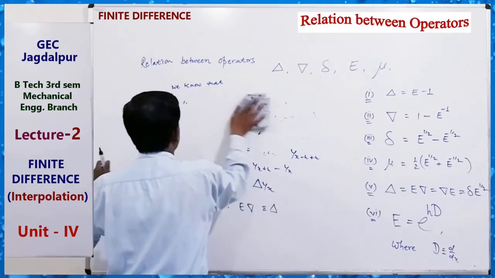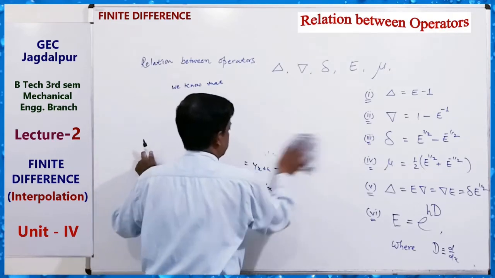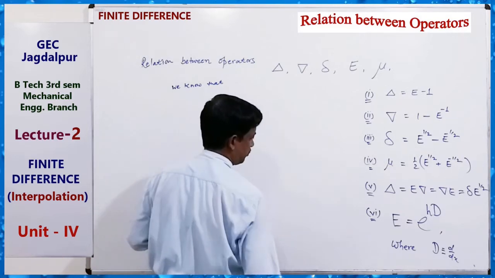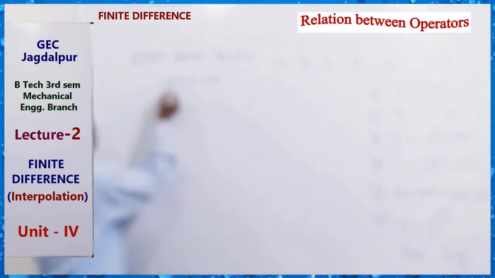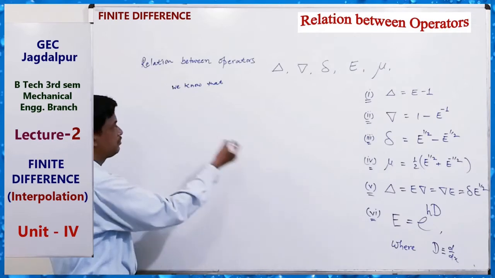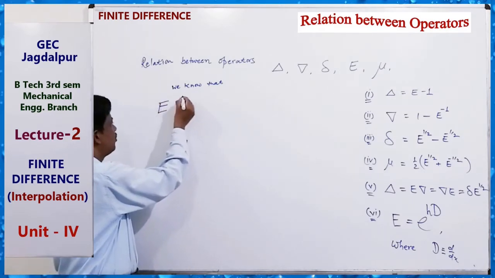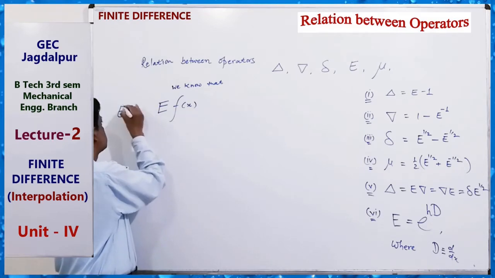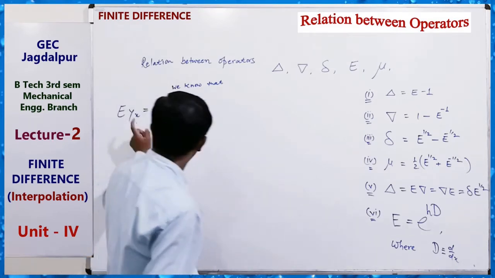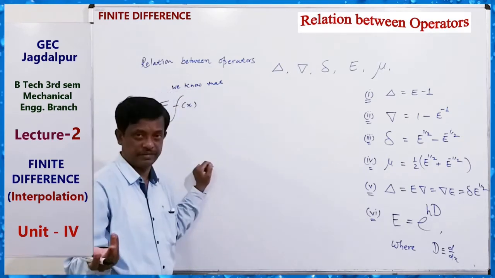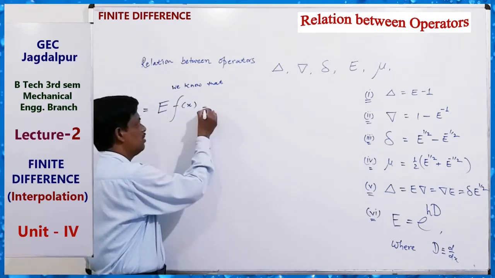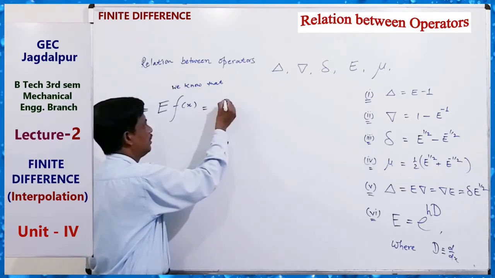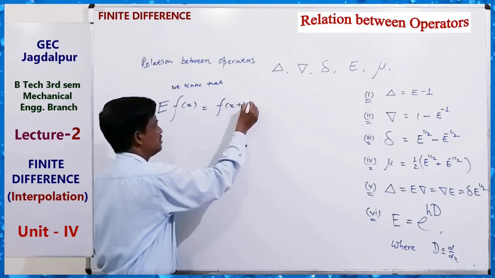Okay. Now, proof of the sixth. We know that the shift operator of fx, or yx, we can write fx or yx also, is equal to f(x plus h).